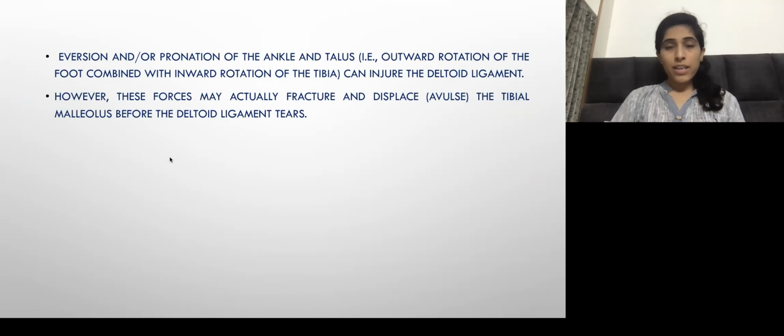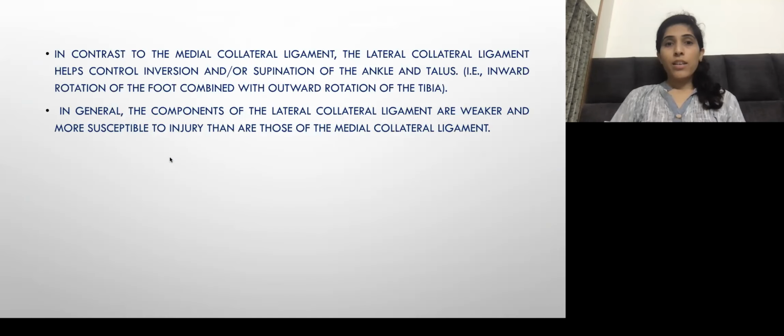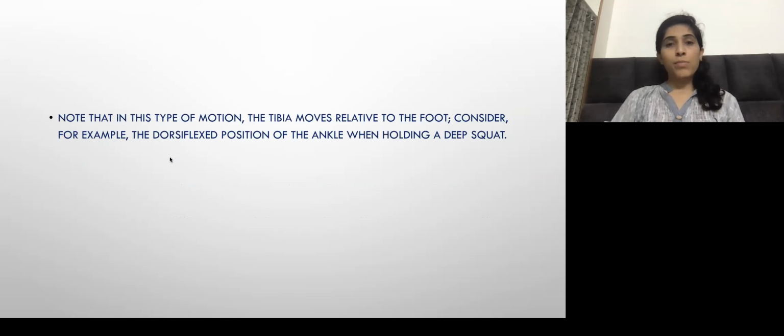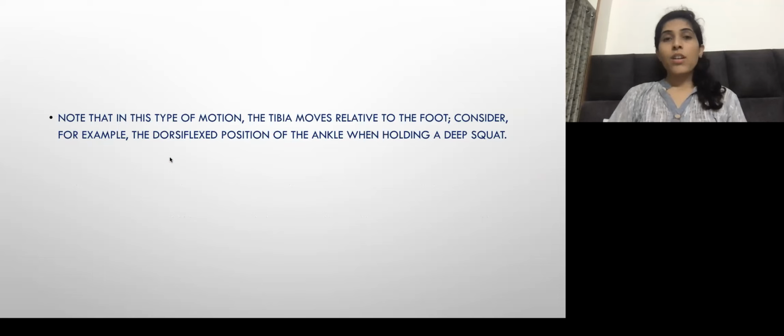Then we studied the kinematics. In the kinematics, the talocrural joint, as we all know, has 1 degree of freedom. So we have seen the movements which are possible, that is dorsiflexion and plantarflexion.